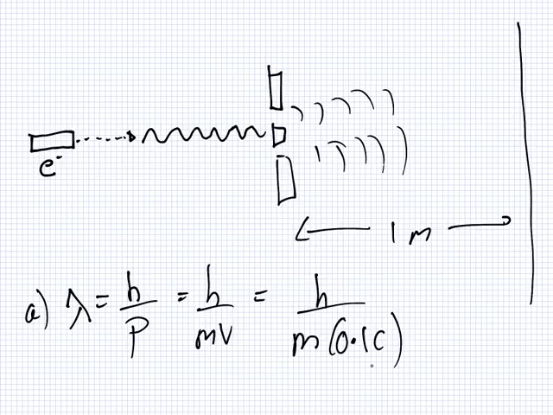So let's put this in on the calculator. c is here, the speed of light, and the mass of the electron. So you get 2.426 times 10 to the minus 11 meters.